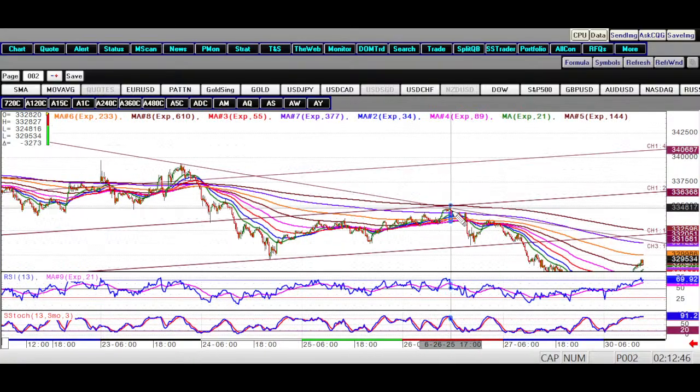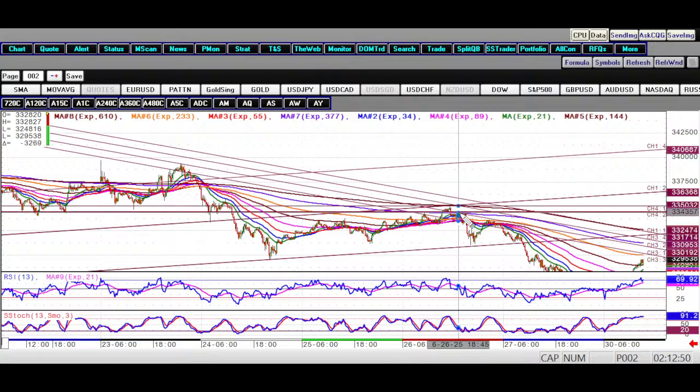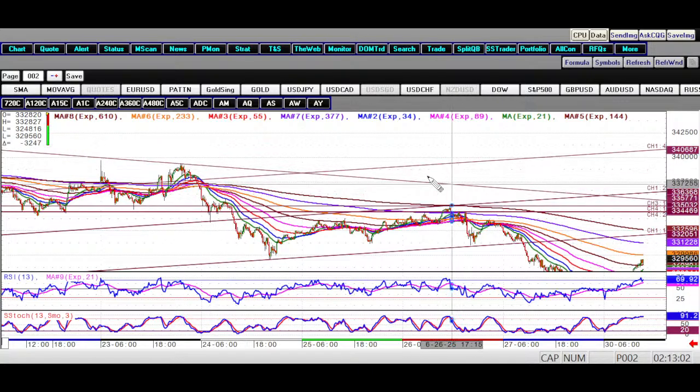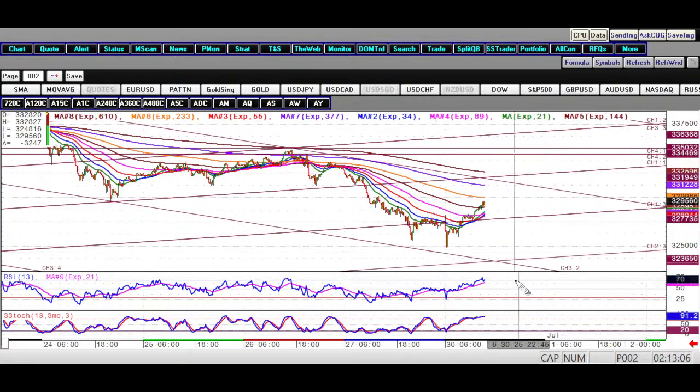So if we draw a channel, a down channel, we should be looking for the price not beyond this channel, that means 20.